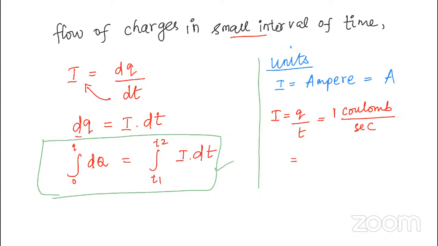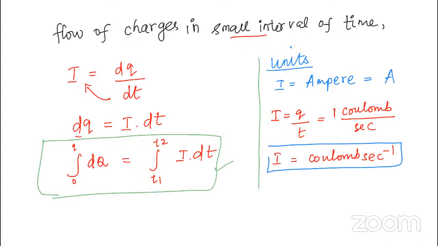Simply, we write another unit, coulomb second inverse. This is also a unit of I. We only knew the unit of I as amperes, but one more unit is coulomb second inverse, and this is also correct.